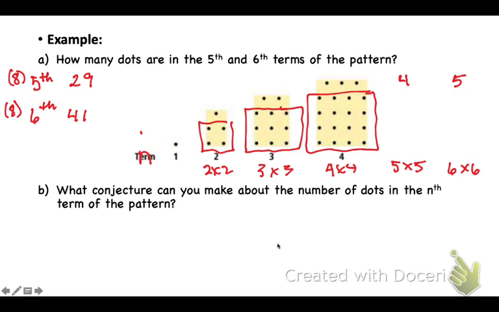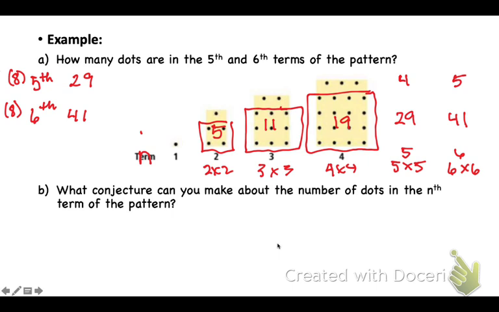So n was 1, we had 1. When n was 2, we had 5. And then we had 11, and then 19, and then 29, and 41. So this is n is 4, n is 5, n is 6. Got it? So we need to figure out an equation.